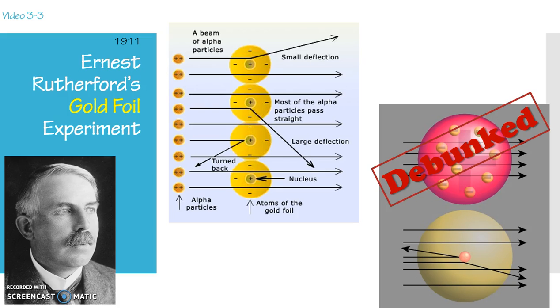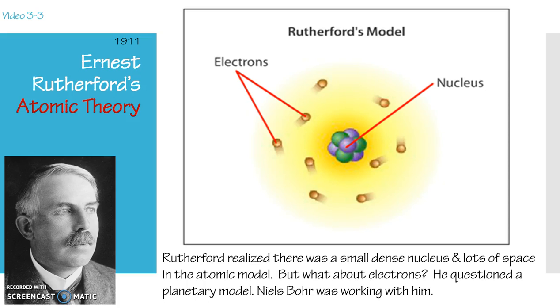So that debunked Thomson's theory, and now Rutherford's theory is saying that there are small dense nuclei and lots of space in atoms. But there's a problem. What about those electrons? They know that electrons exist already at this time. Thomson discovered them, but they question, where are those electrons?